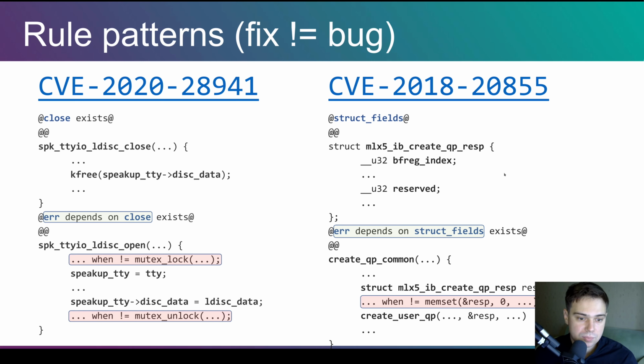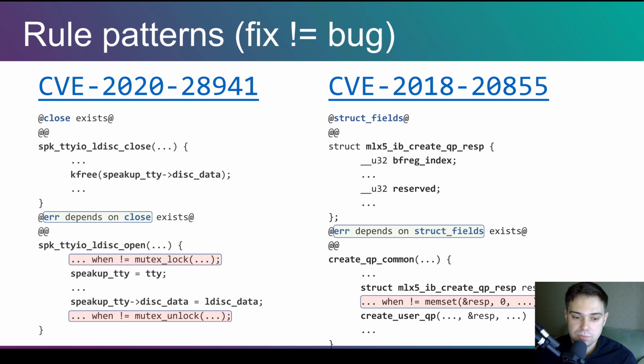So we check here for the field, for the copy_to_user call, and we check for absence of initialization.